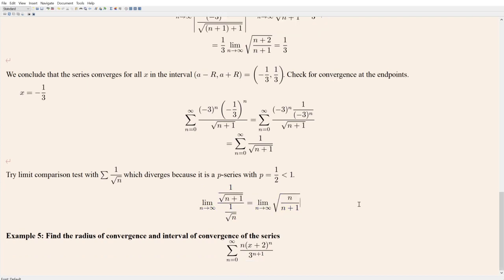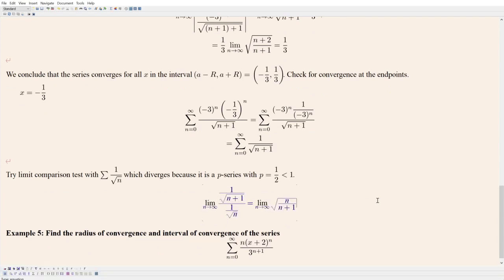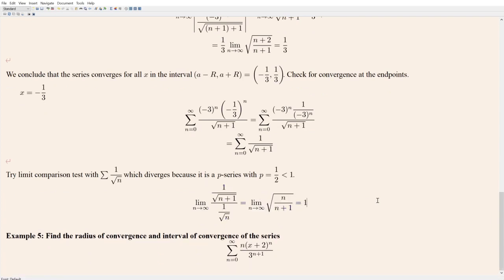So just skipping a couple algebraic steps here. So this becomes 1, so square root of 1 is 1. So in the limit comparison test, all you want is for this limit to be a finite non-zero number. And indeed, that's the case.